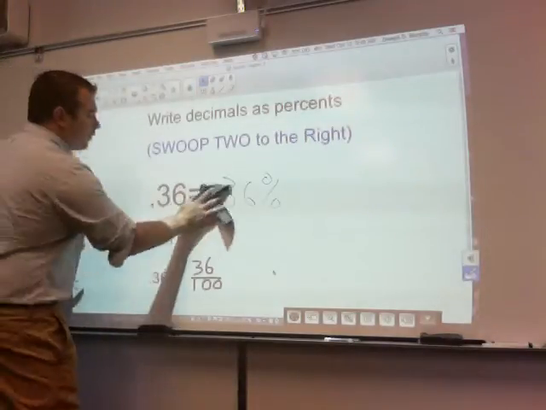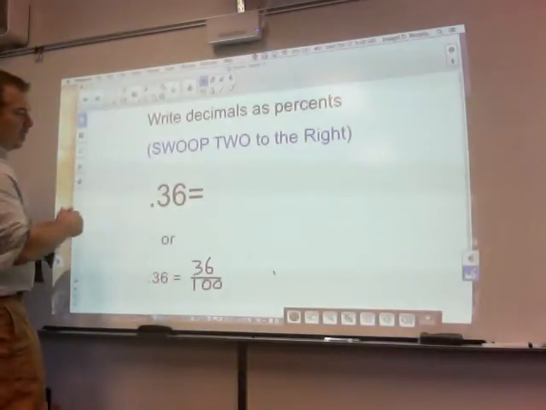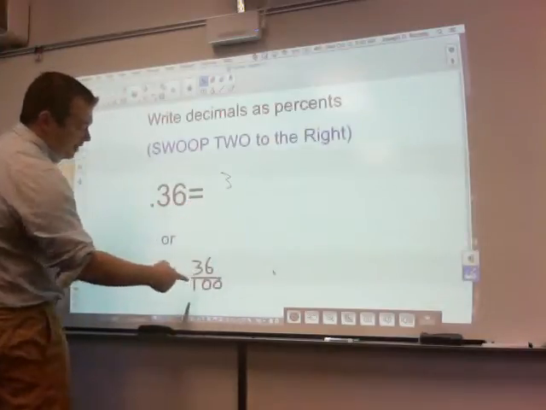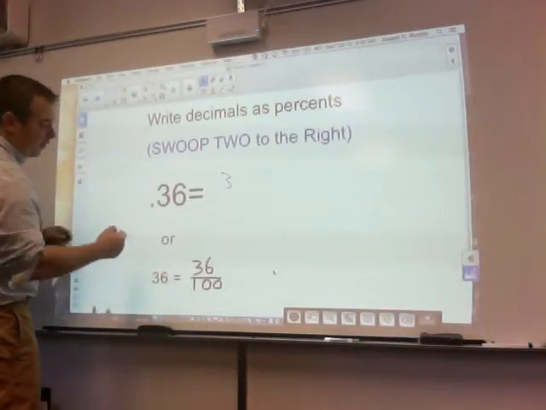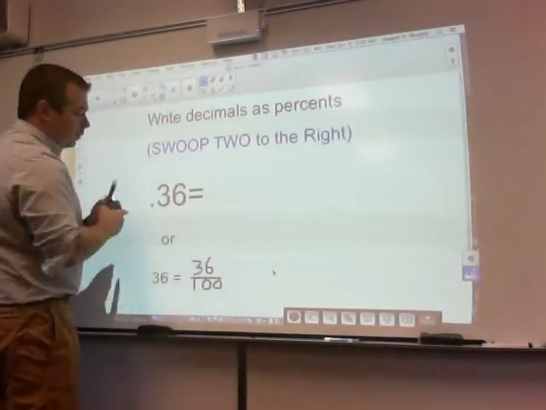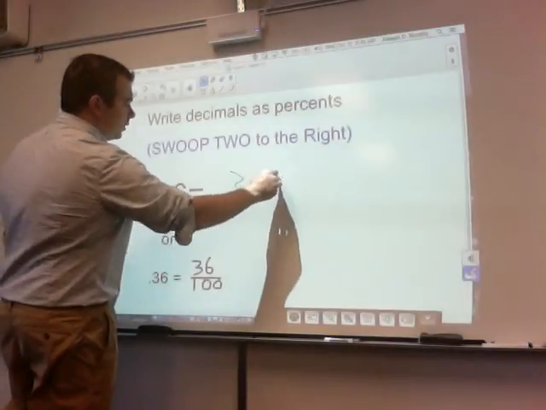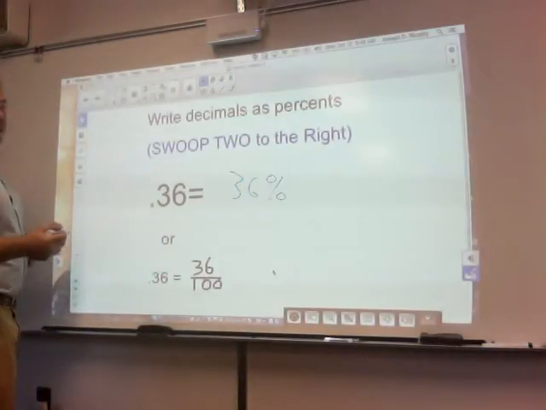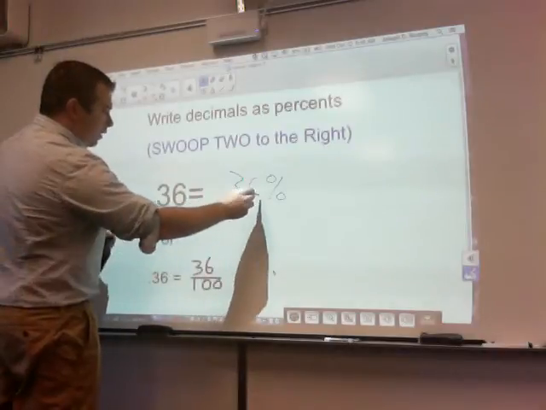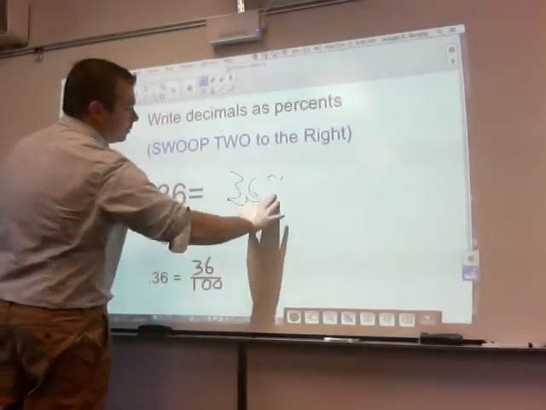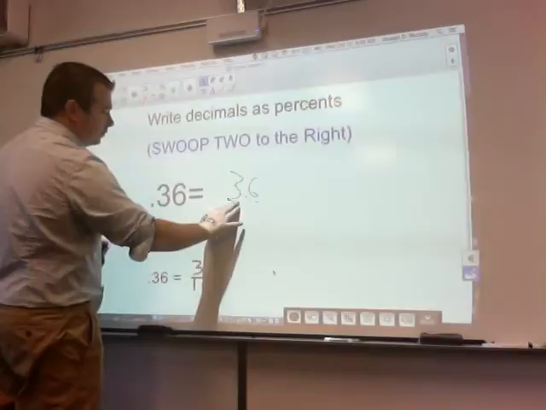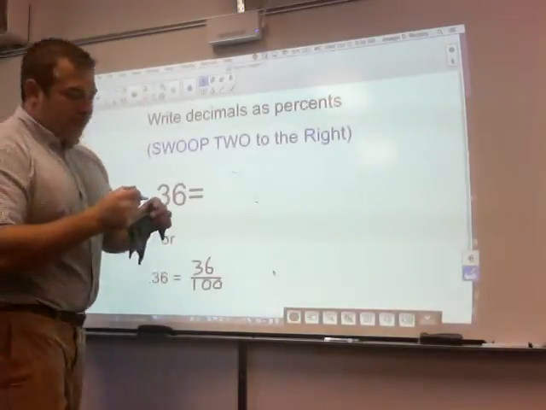All right? So 36 hundredths equals 36%. I can go back and forth all day. So if I go back this way, it just becomes a decimal, and I erase my percent sign. All right, so just swooping 2 to the right.